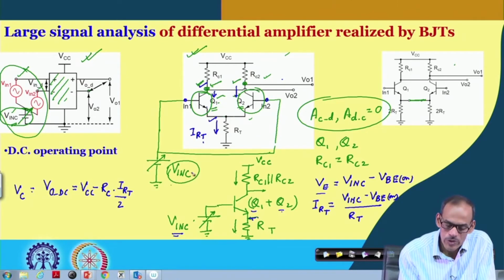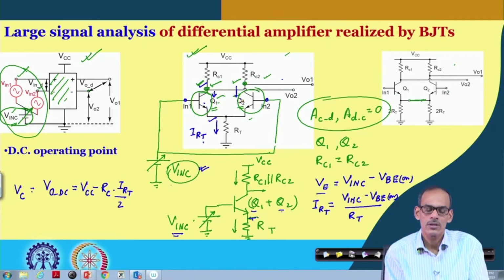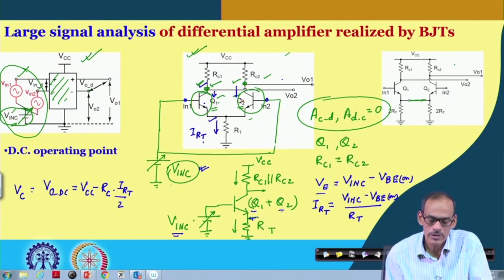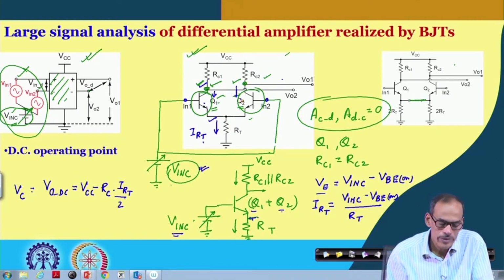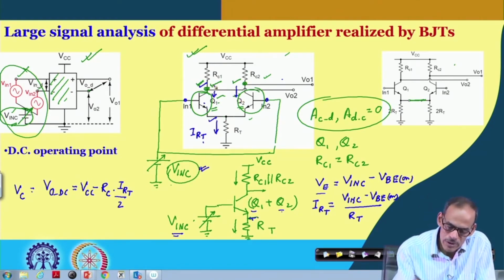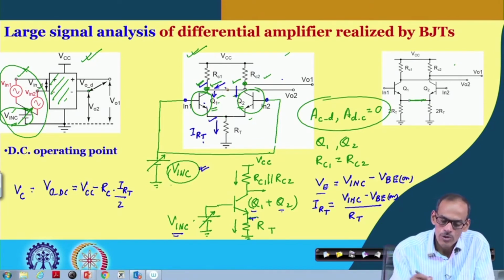Now we have to apply a meaningful voltage here, so that both the transistors are in the active region of operation. Not only should they be in the active region, the voltage here should have sufficient room for the signal, so that we can accommodate a good amount of signal amplitude.